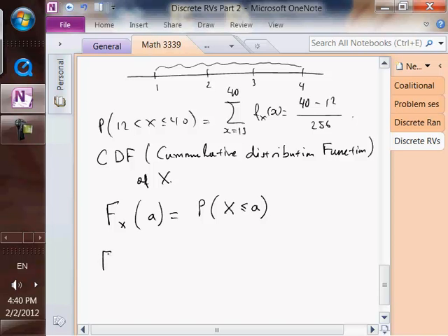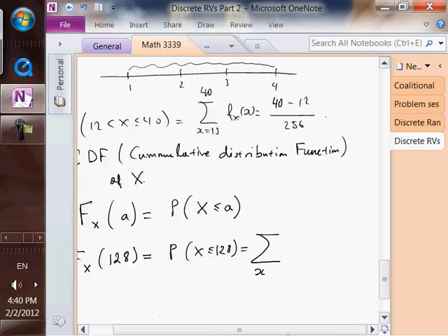Let's say, what is the value of the distribution function for 128? That would be the probability that X takes values less than or equal to 128. So which is the sum now I have to do? Which is the range for the sum? I start at 0.